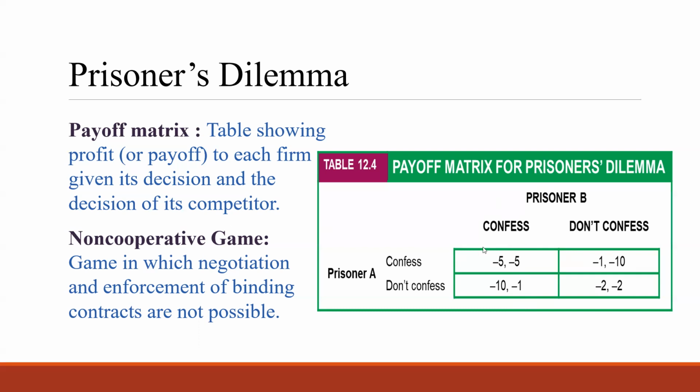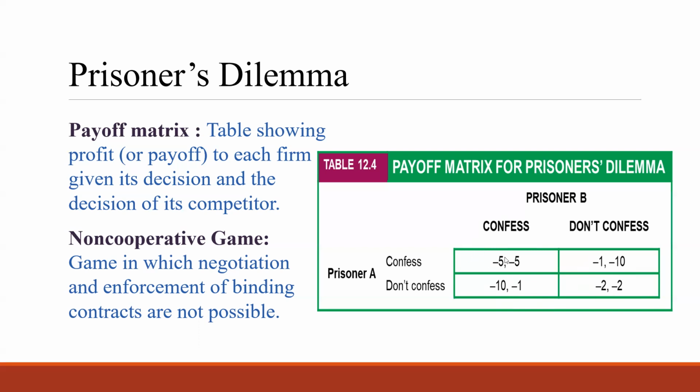Okay, so if we are looking merely into those numbers, what is the best outcome that they can possibly obtain? That is -2, -2. If you calculate the total years that these two players have to spend in prison combined, in the bottom right corner, the total years is 4, and in those cross corners, where one confesses and the other doesn't confess, the total punishment is 11 years for these two prisoners combined.